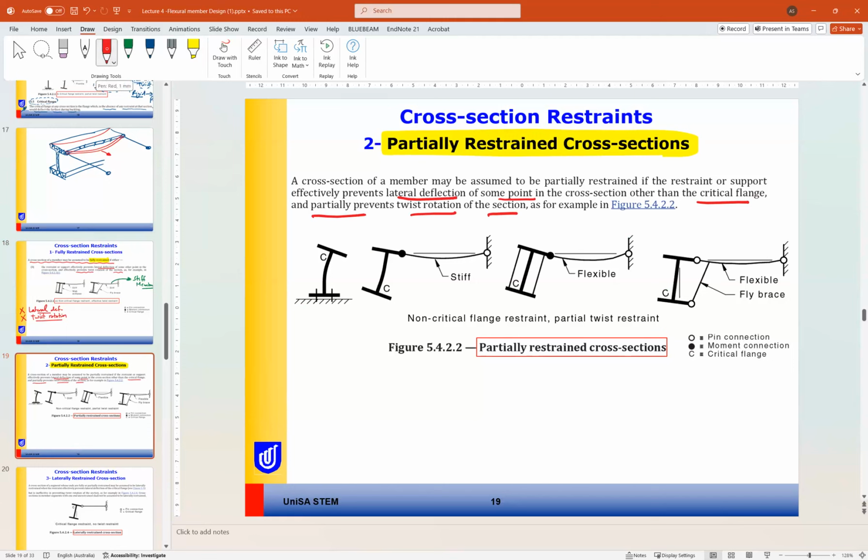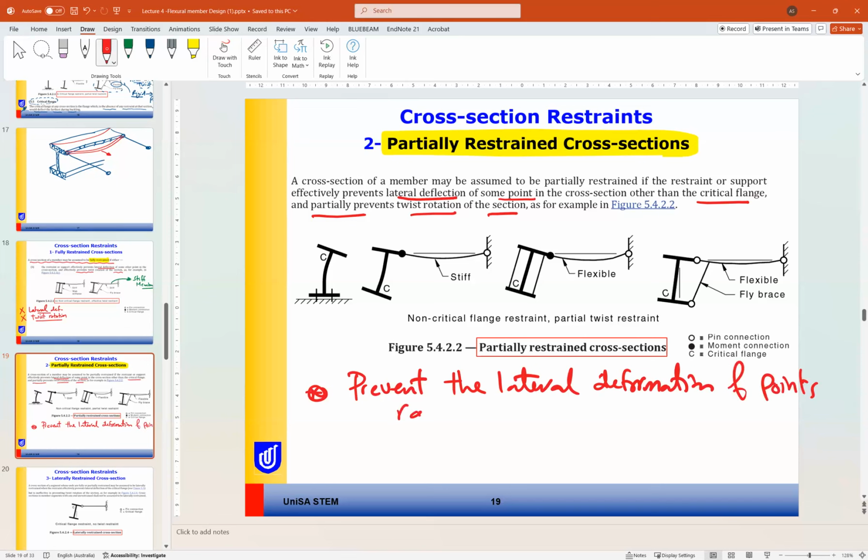So if the restraint prevents the lateral deformation of points other than the critical flange, we can consider this as partially restrained.